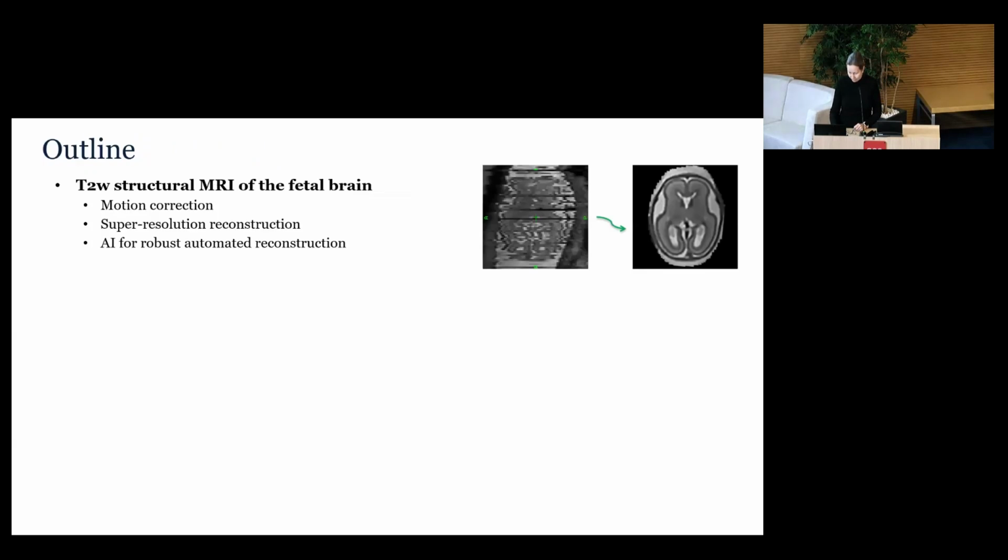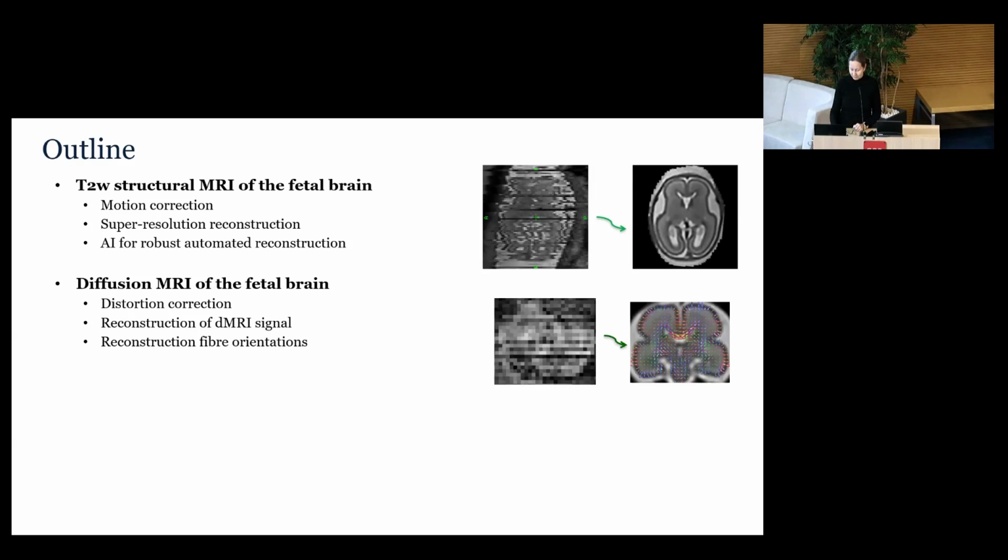So, outline of the talk. I will start with T2-weighted structural MRI of the fetal brain, motion correction, super resolution reconstruction, and AI for automated and robust reconstruction. The first two topics are very old, originating from 20 years ago, so it's just a quick recap of what many people already know, and some might even be expert on.